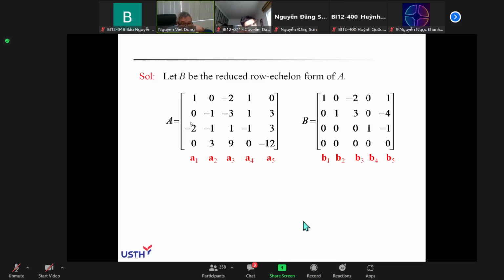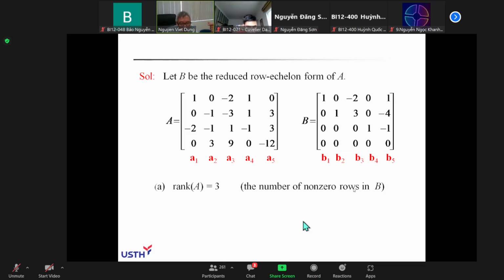I denoted the first 5 columns of A by A1 to A5, and the columns of B will be denoted by B1, B2 up to B5. Now B has 3 non-zero rows. So the rank of A is 3.